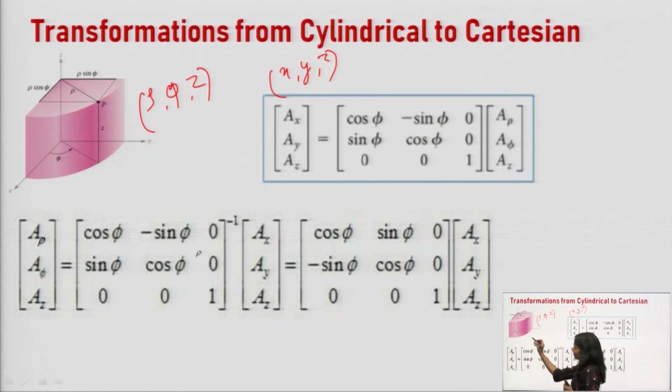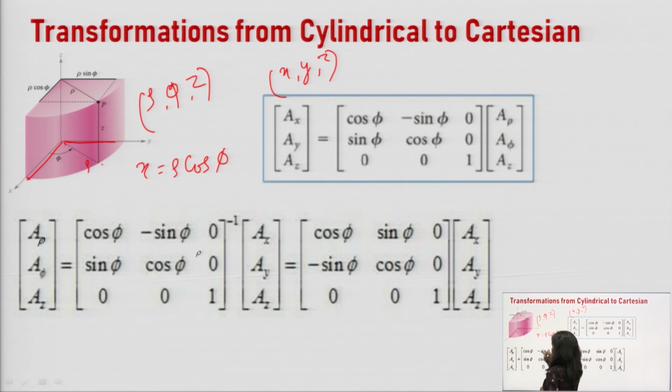So from here you can see that this is the x-axis, this is the y-axis and this is the z-axis, and this distance from here to here is rho, and the angle from the positive x-axis to this radial distance rho is phi. So x can be written as rho cos phi.